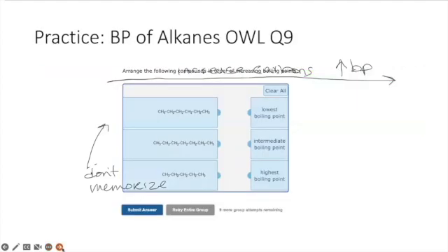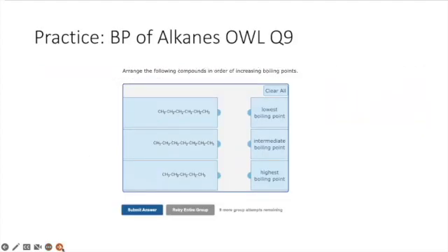So looking at an OWL question 9, it's asking us to arrange the following compounds in increasing boiling points. To do this, I am going to first count the carbons. This molecule has 6 carbons, this molecule has 7 carbons, and this molecule has 5 carbons.